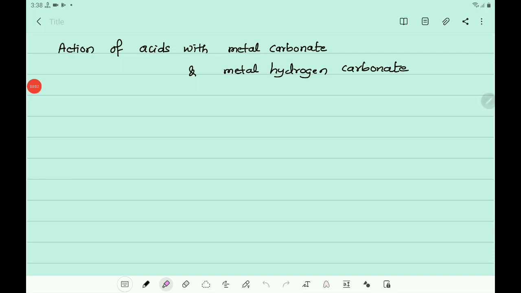Now let us write the chemical equation of the action of acids with metal carbonate and metal hydrogen carbonate. So you write the first one. What is the reaction?